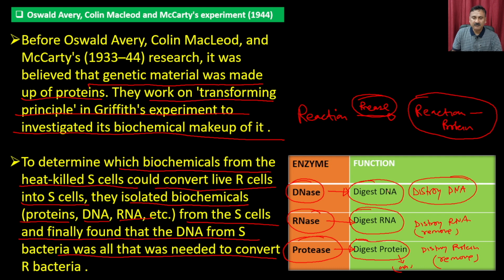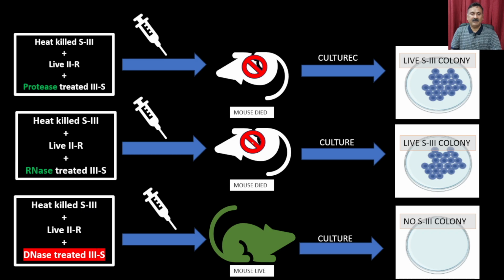So these are some handy enzymes these people have used to answer the question of which biomolecule is the genetic material. They repeated the same experiment that Griffith has done, where you have the heat killed S type bacteria and the live R2 bacteria.